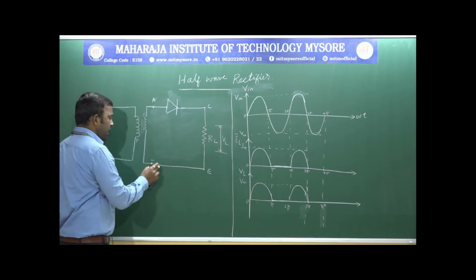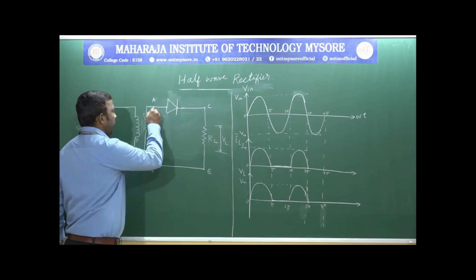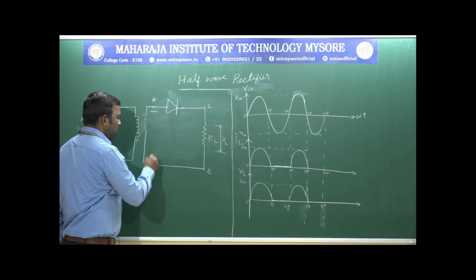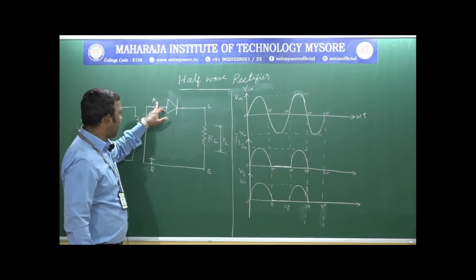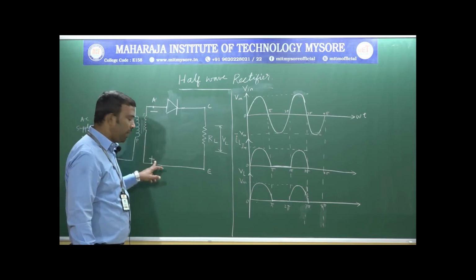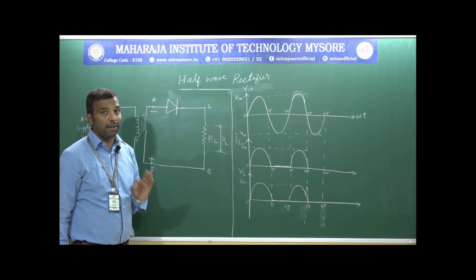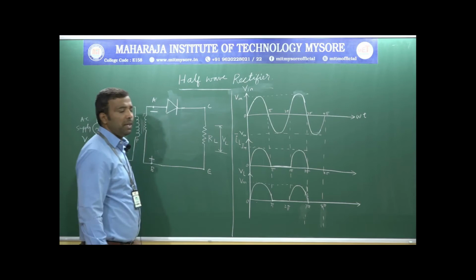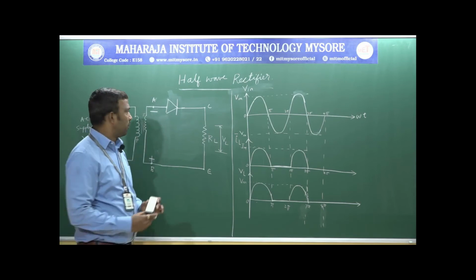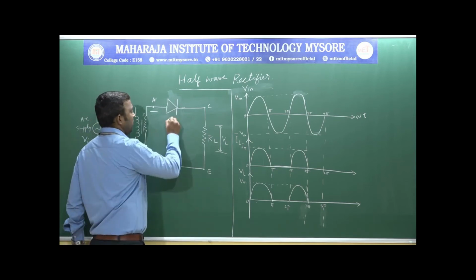The terminals A and B are alternately negative and positive. Terminal A is negative and terminal B is positive. This negative potential is linked to the P type of the diode, which is the reverse bias condition.